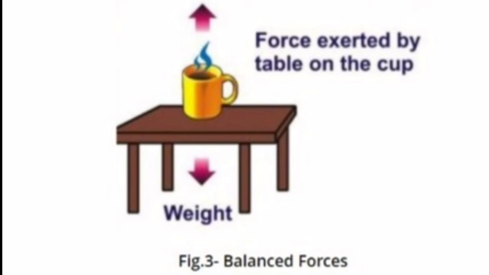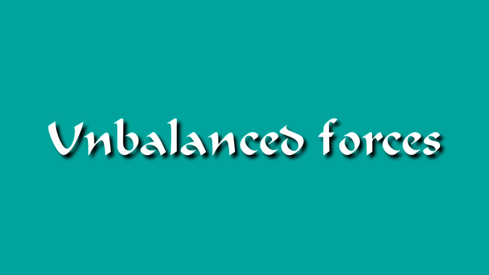They may change the shape and size of an object. Here is an example of balanced forces. Here the arrow marks show equal amounts of force acting on the particular cup in opposite directions, so they cancel out, and the object cannot be moved. It stays in the same place on the table.